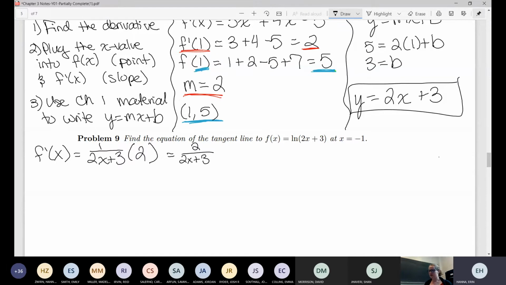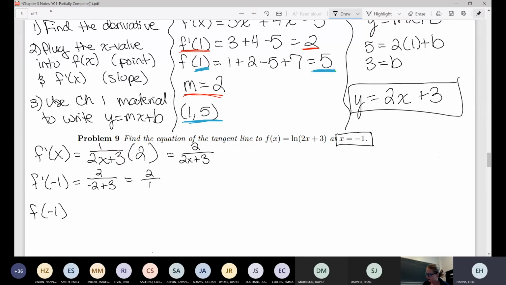Once we have our derivative, then we plug in the point that we want the tangent line at, which in this case is -1. We're going to take -1 and plug it into the derivative and the original function. So if I plug it into the derivative, we'll get 2 over -2 plus 3. 2 times the -1 gives me the -2.